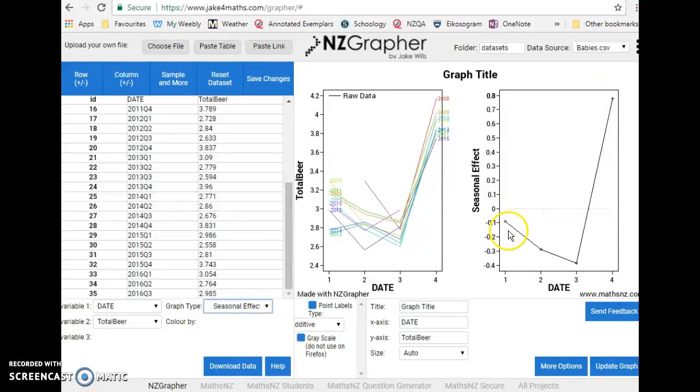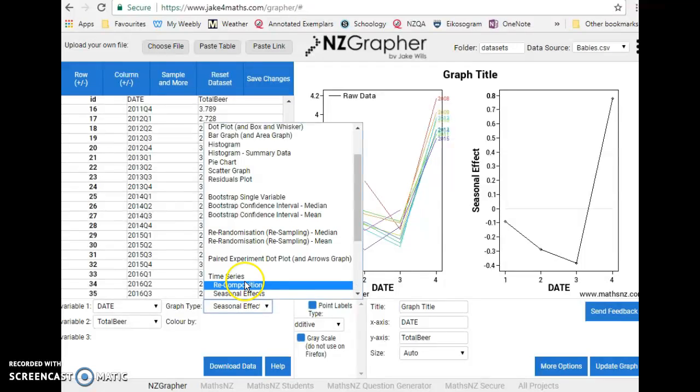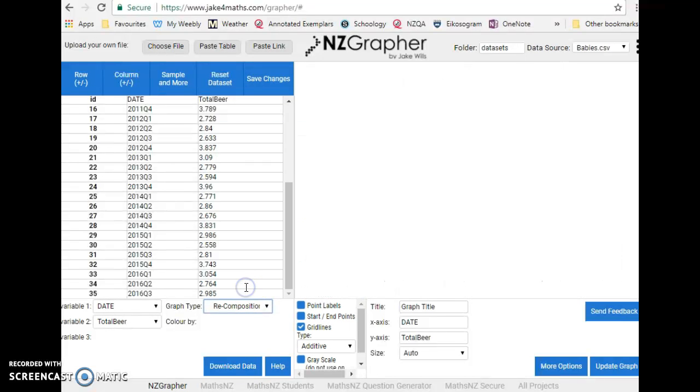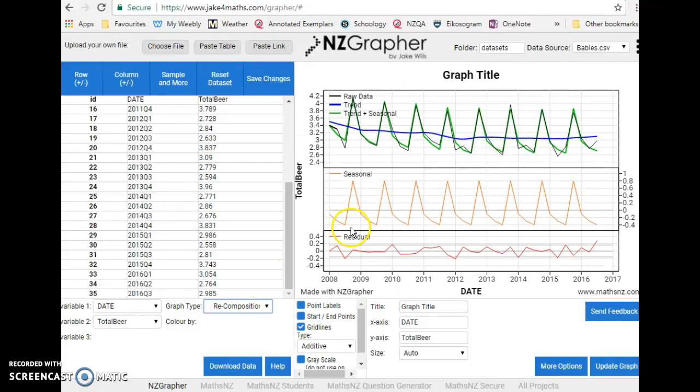Can you remember these 4 numbers? 1, 3, 4, 8. If you look at this graph in the middle here, and you look at the first value, according to the scale here, this one is -1.